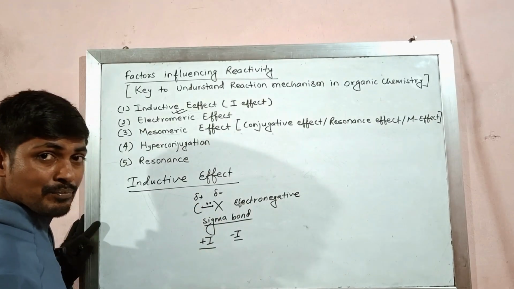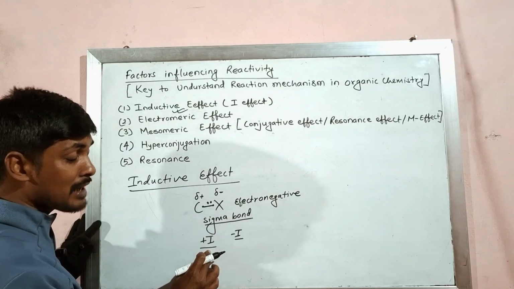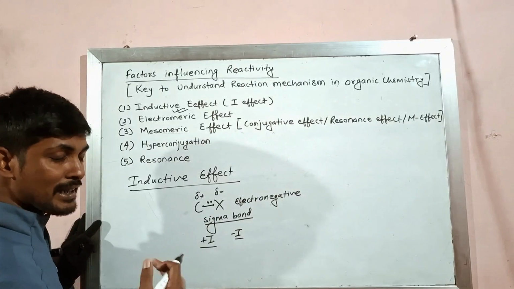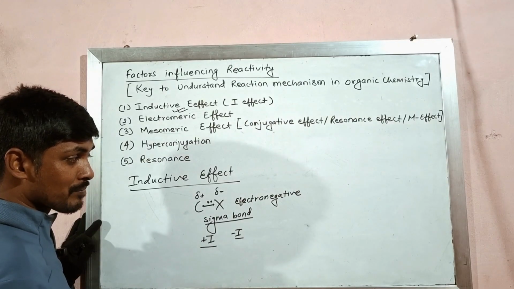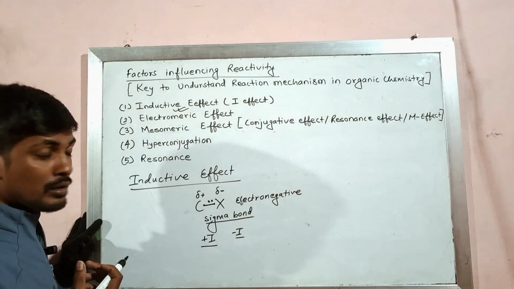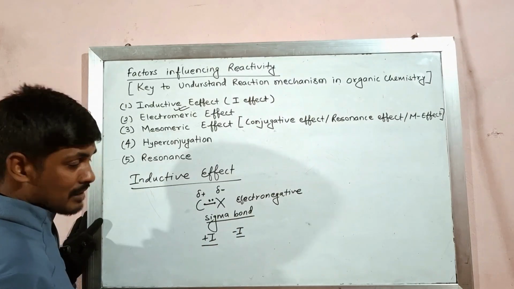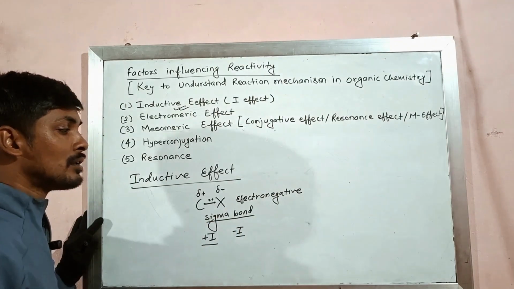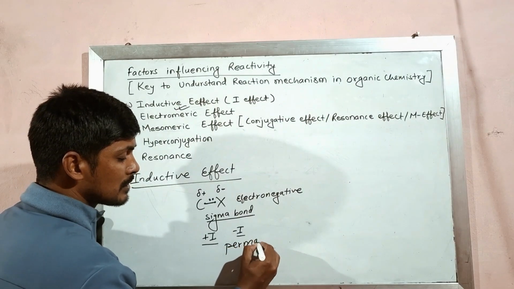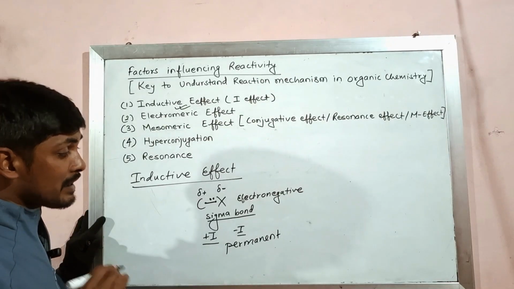Here carbon is the electron releasing group, so it has plus I effect, whereas the X atom, or halogen atom, or any other electronegative element, can withdraw electrons, so it shows minus I effect. This kind of polarization is permanent, so the inductive effect is a permanent effect.